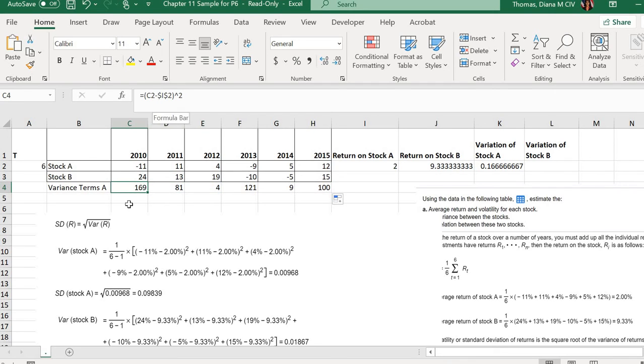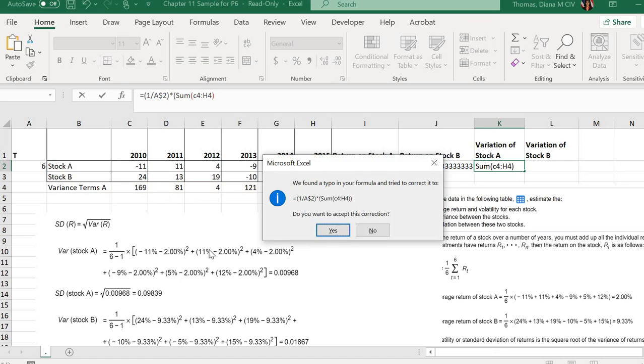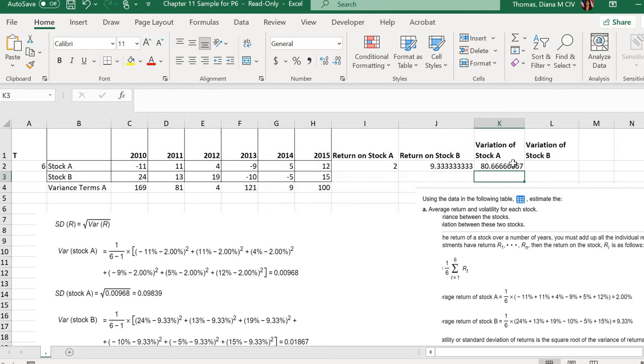So I had to put a $ sign before it so it doesn't scroll when I go to the right. I didn't have this $ sign before, so when I put my thing in here, I saw a K2. And now it should work. Times sum of C4 to H4. Didn't like that. Yeah, I didn't have parentheses. So it should work now.